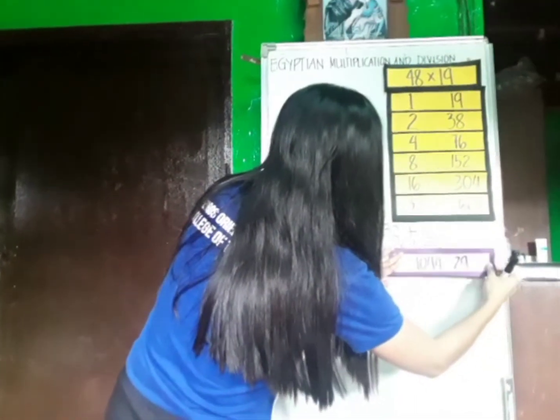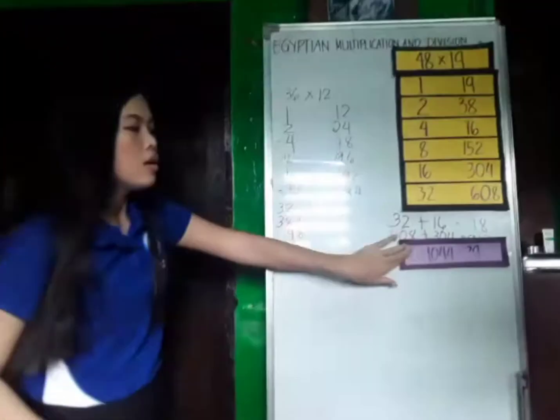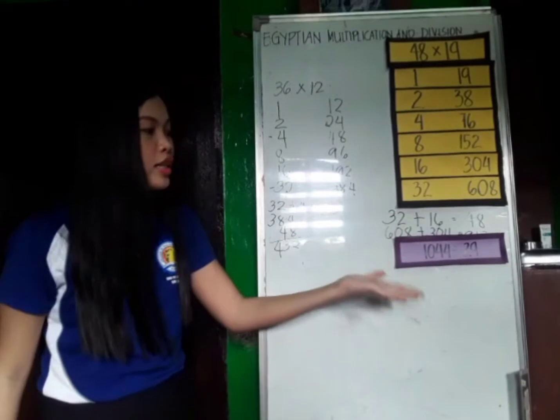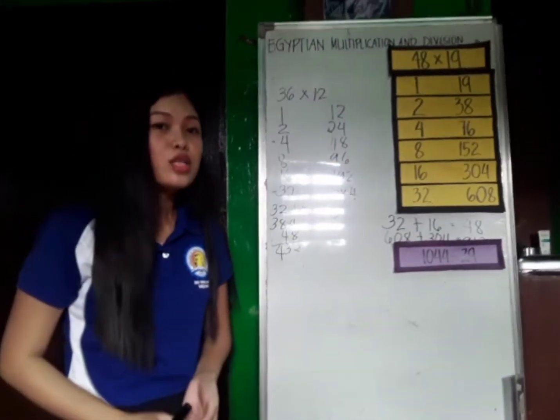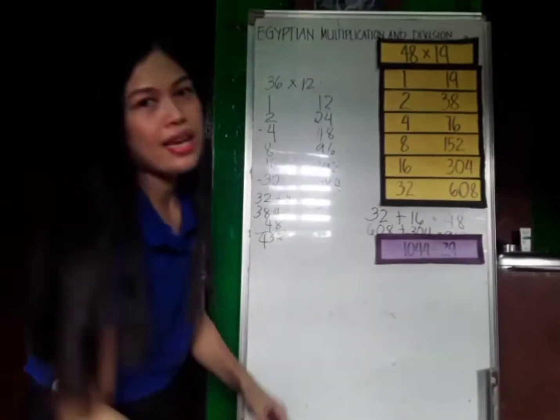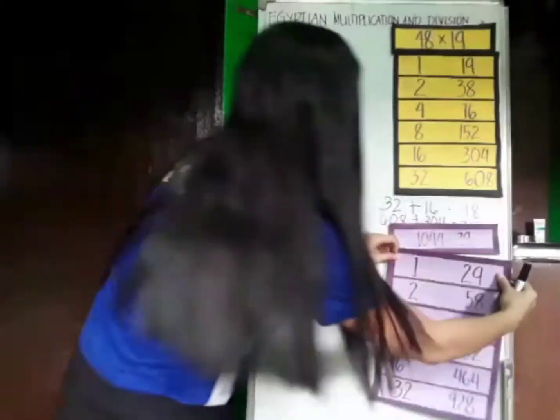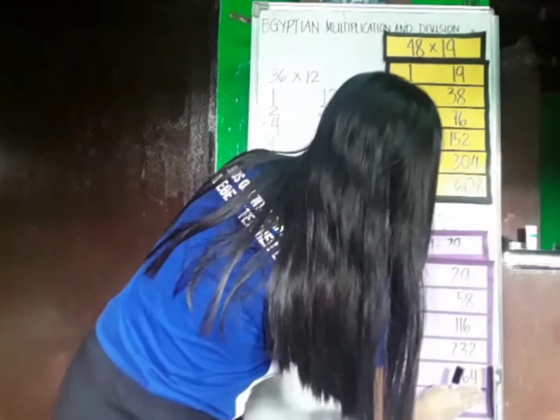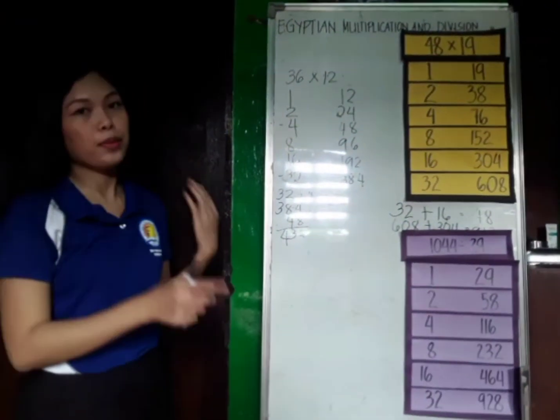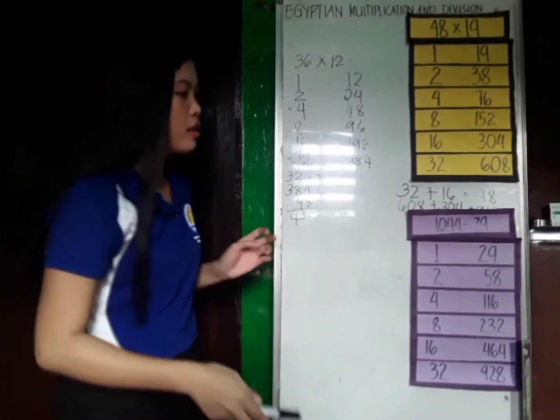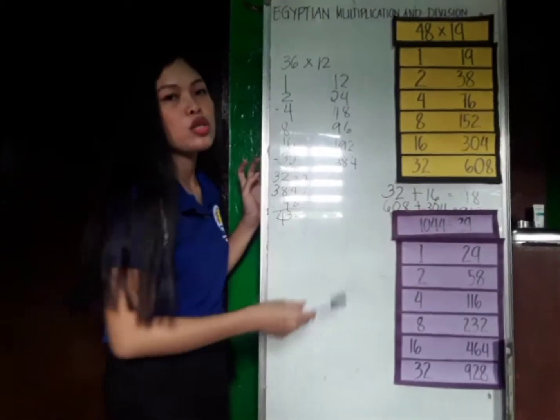So, another example. We have here 1044 divided by 29. Here is the process. Again, we need to double the numbers. We will start with 1 again.